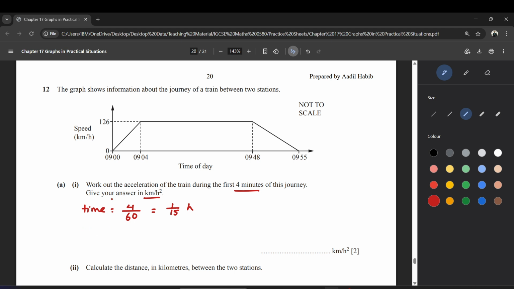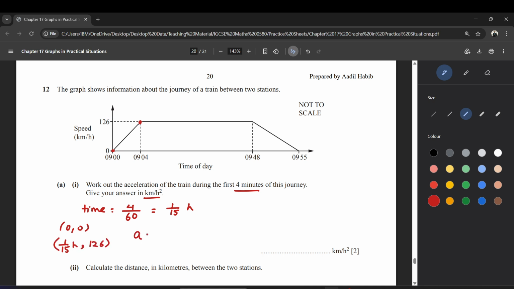Now to work out the acceleration, I can look at the coordinates. We have 0 and 0, we'll assume that this is 0, and then the speed is 126. The time is 4 minutes, which we have already converted into hours. So I'm going to say 0, 0, and then 1 upon 15 hours, comma 126.